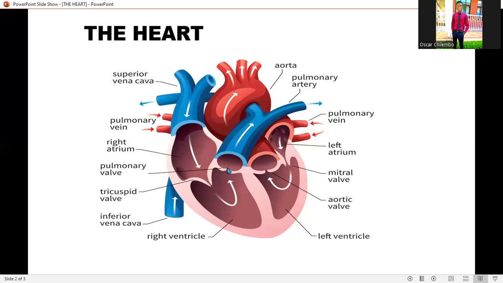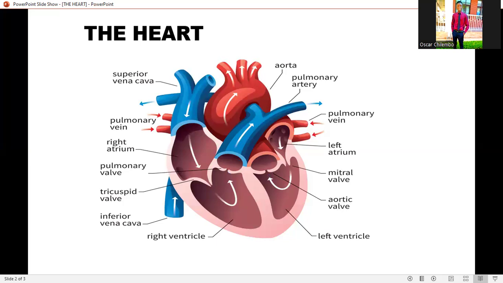We call these two valves the semilunar valves. Okay. Semilunar valves, but to be specific, we call this one the pulmonic valve, and the other one we call the aortic valve. Okay.